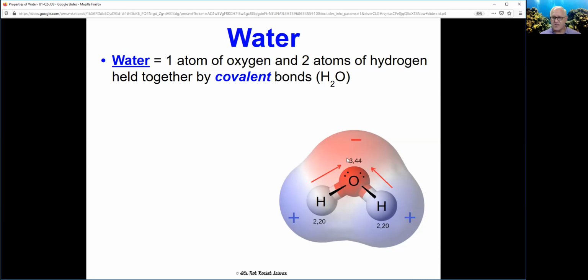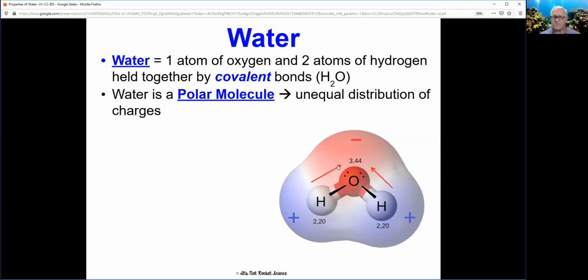When you look at this water molecule, you'll see the shape of it is showing these positively charged hydrogens and the negatively charged oxygen. When they come together, they form this interesting bond.